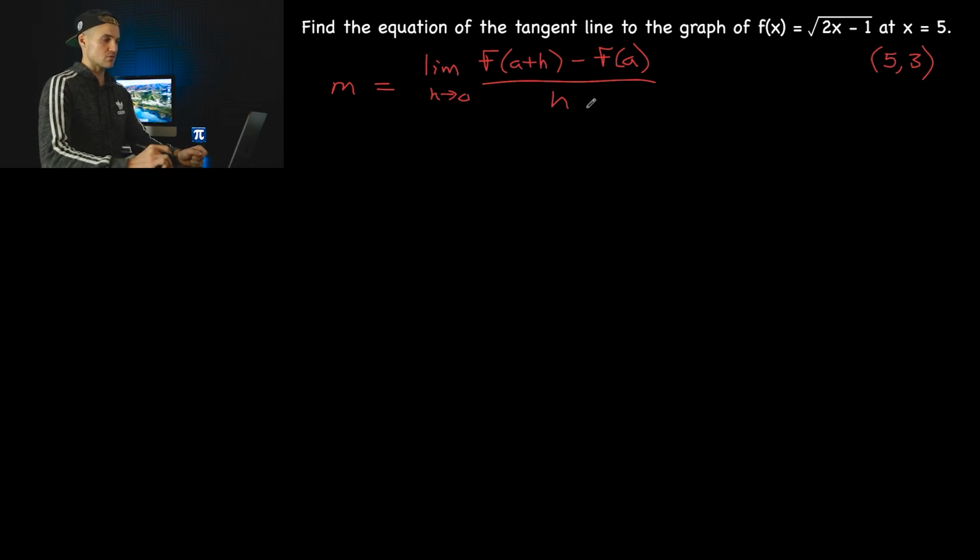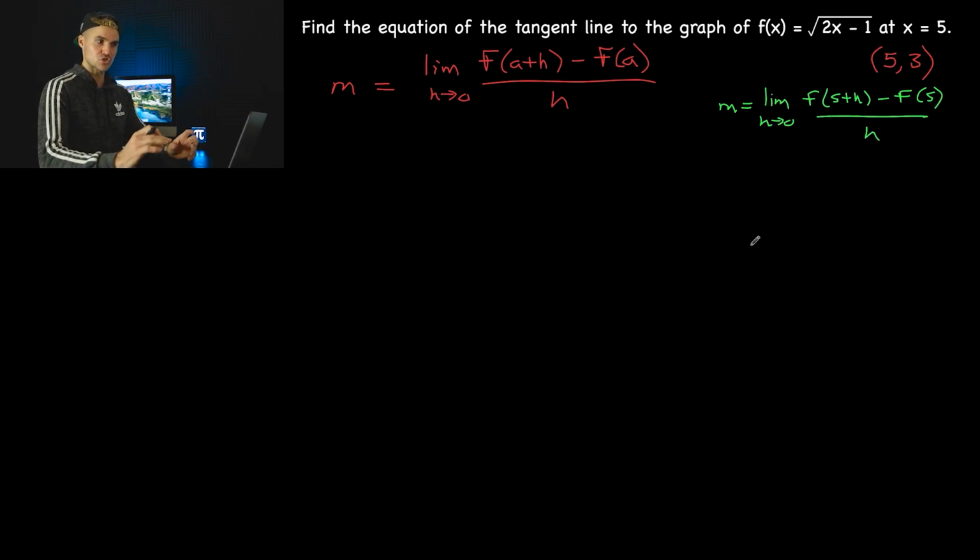We can also find the slope directly, right? By plugging in that x value of 5 for a right away. So we could do f of 5 plus h minus f of 5 all over h, and then we would get that numerical value for the slope at that x value of 5 right away.